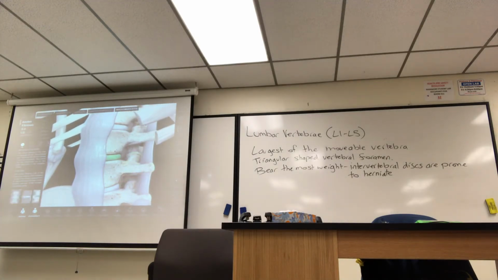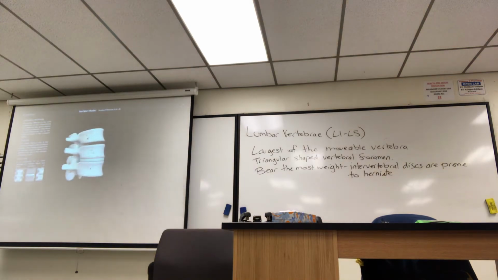There's a disc right there. If you isolate it, you can see how they're just between the vertebral bodies. That's technically a cartilaginous joint.